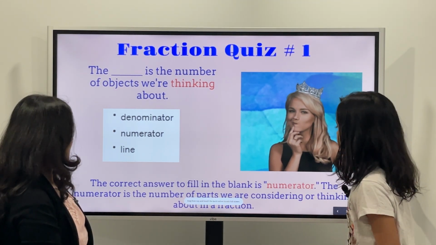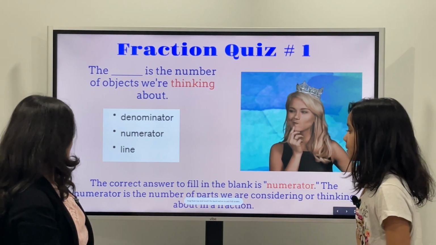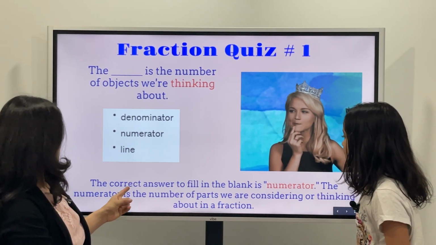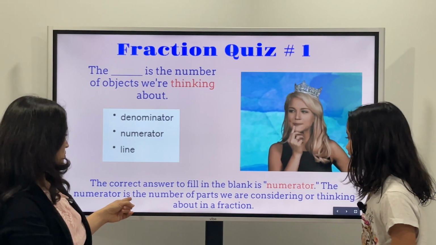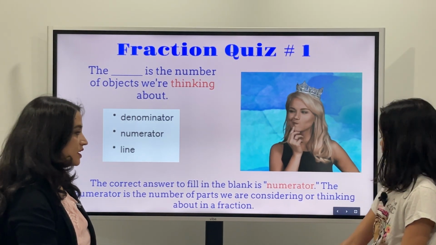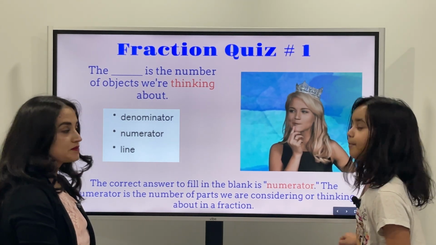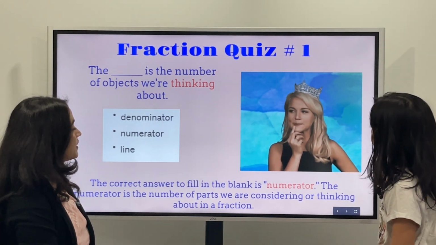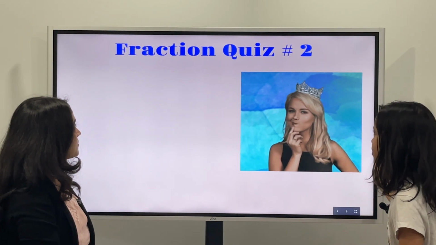And why? Because the numerator is the number of parts we are considering or thinking about in a fraction. Very important word, right? Now next one, fraction quiz number 2.